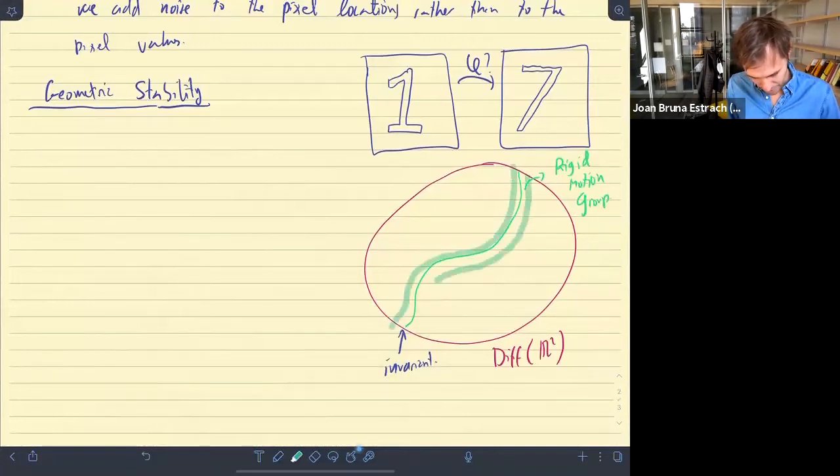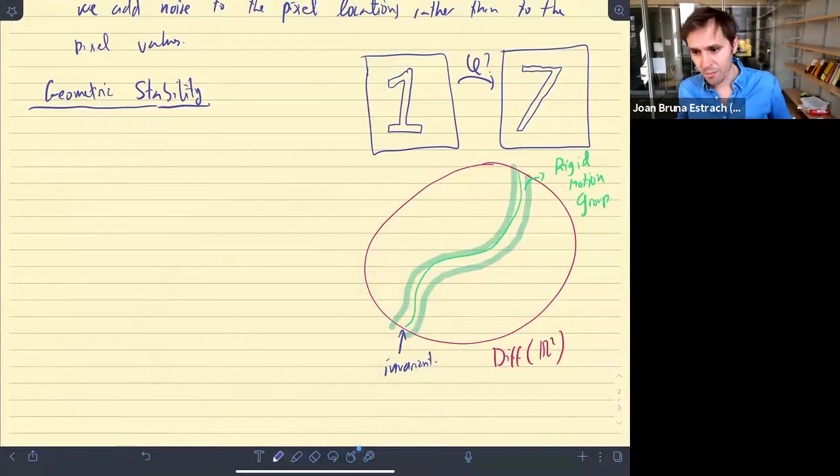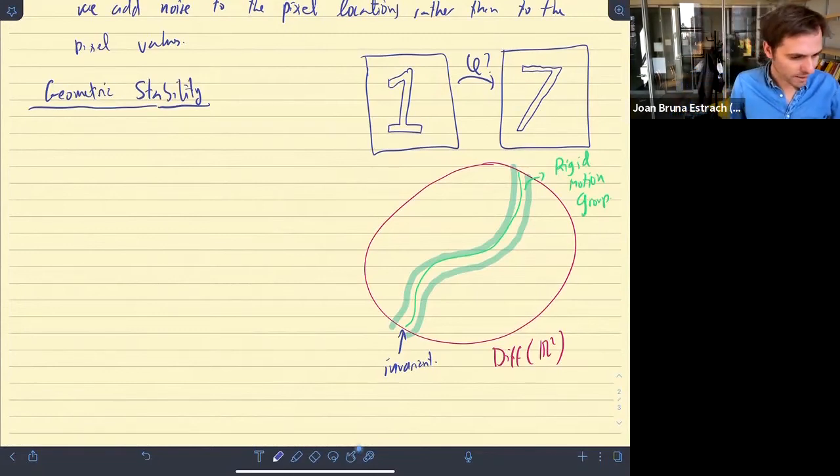If things are not too far from a rigid translation, maybe I can still ask the model to be near invariant. So instead of an all or nothing, where either I'm asking things to be fully invariant or I'm not asking anything, maybe there's a notion that I can ask things to be near invariant. That's geometric stability. Okay, so let's try to formalize it and see what you think about it.